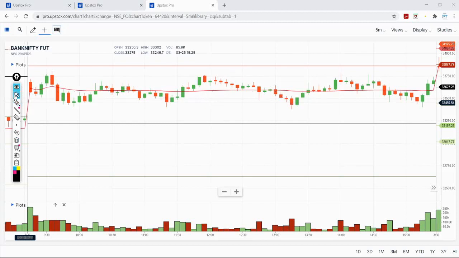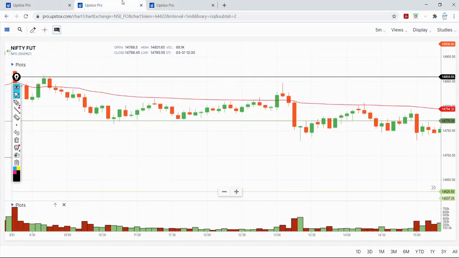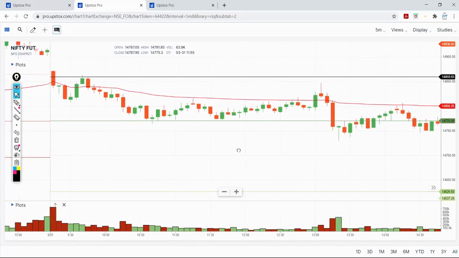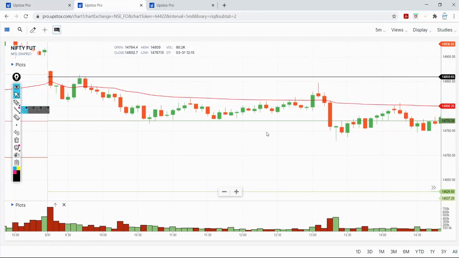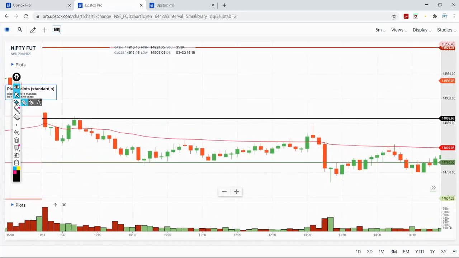Same way, let's look at many examples. Let's look at one example on Nifty. Now same, this pivot, R1, S1. If you ask me, give less importance to the first 15 to 20 minutes of trading, because more volatility is possible in the first 15 to 20 minutes.